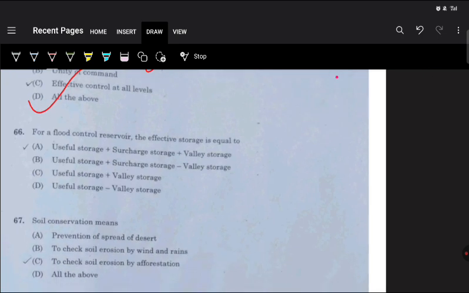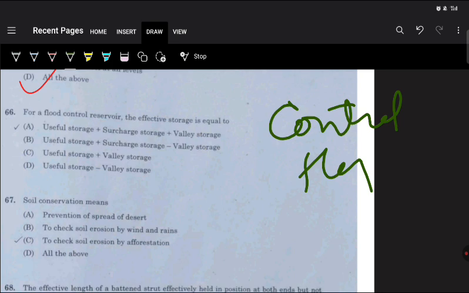For a flood control reservoir, the effective storage is equal to. So for a flood control reservoir, effective storage is used to control the flood, right?